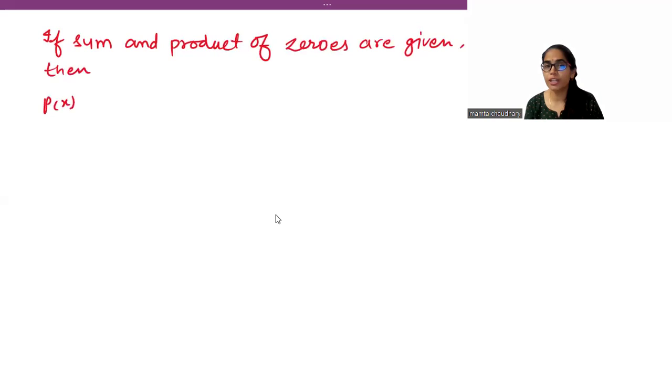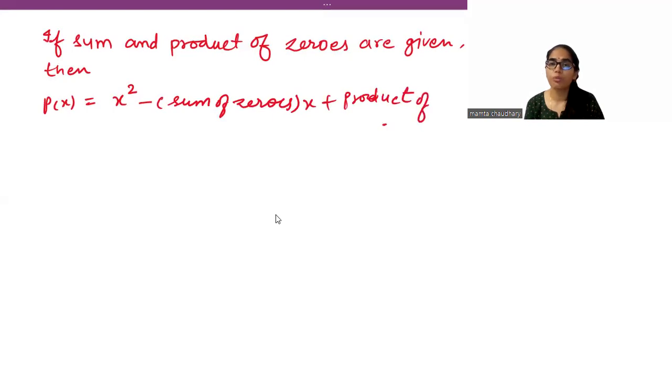Then polynomial in x will be what? x square minus sum of zeros into x plus product of zeros. In short, we can write it as polynomial in x equals x square minus alpha plus beta x plus alpha beta.